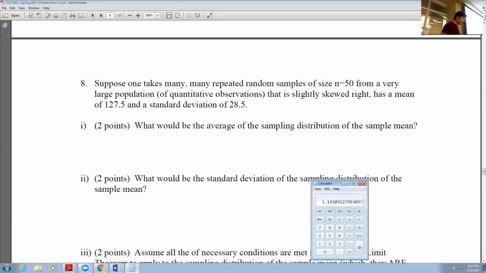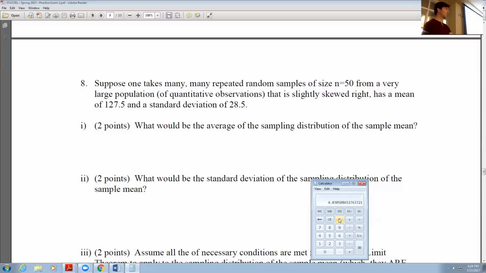So we take the original standard deviation of 28.5, and when we do the distribution of the sample mean of sample size n, we take it and divide it by the square root of the sample size. 28.5 divided by the square root of 50.